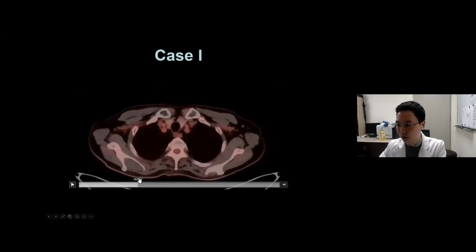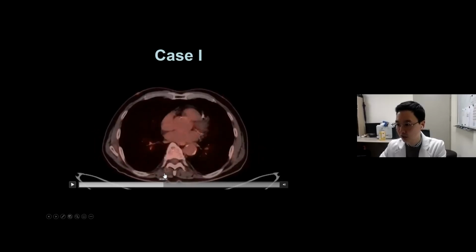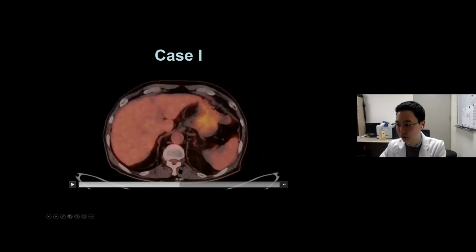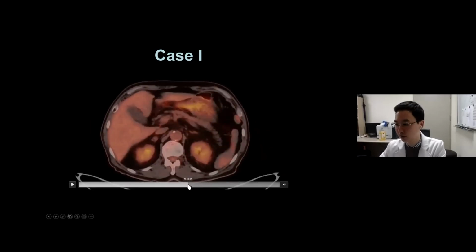Elsewhere, the lungs were not demonstrative of metastasis, but the lesion in the right adrenal gland showed a high FDG uptake, so we could suggest a right adrenal gland metastasis.